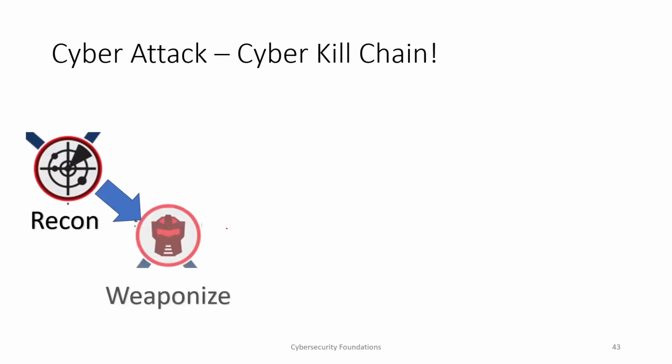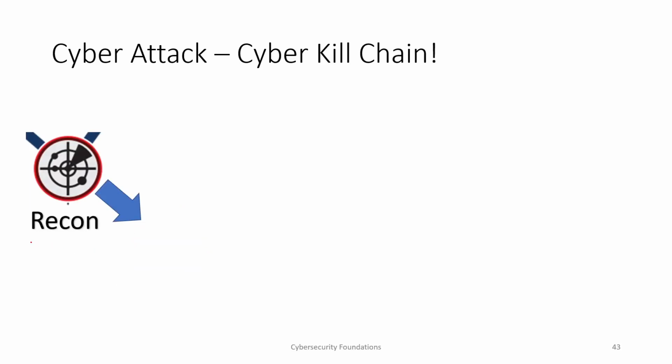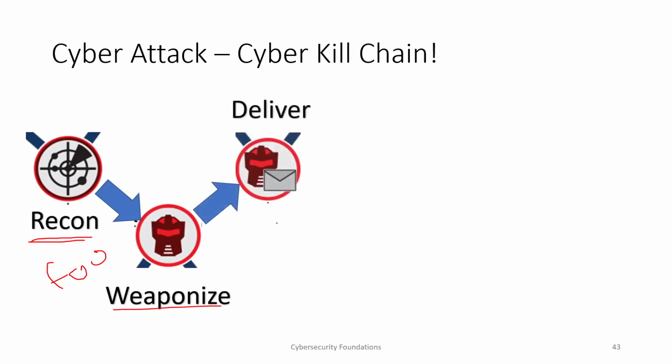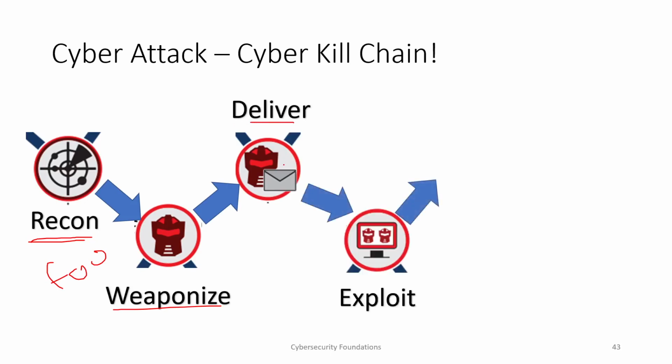So cyber attacks in general start with a phase called discovery or reconnaissance. During discovery, we try to understand the footprint of a particular system. Then we prepare our malware or exploit, and then we look for a way to deliver this exploit to the target system. Then we exploit the system.